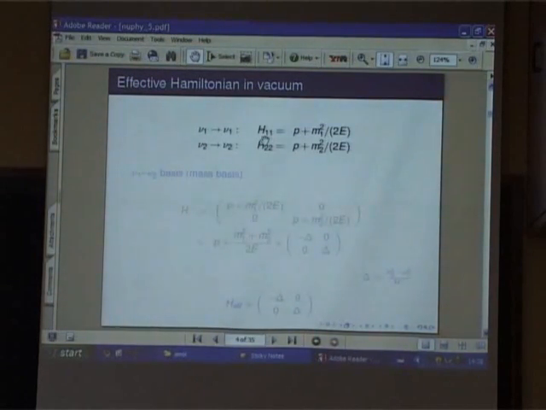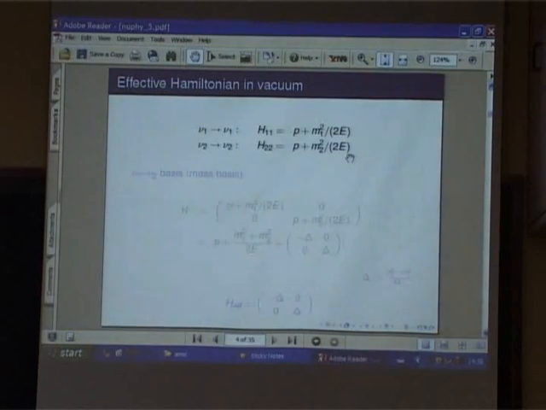Similarly, the h22 element will take nu2 to nu2, and that will be p plus m2 squared by 2p. The mass eigenstates travel independently, so they don't mix. Therefore, you won't have any h12 or h21 element. If you take h as a 2 by 2 matrix in the basis of mass eigenstates, there will not be any off-diagonal elements. This is the definition of mass eigenstate. Mass eigenstates are just the eigenvectors of the Hamiltonian.